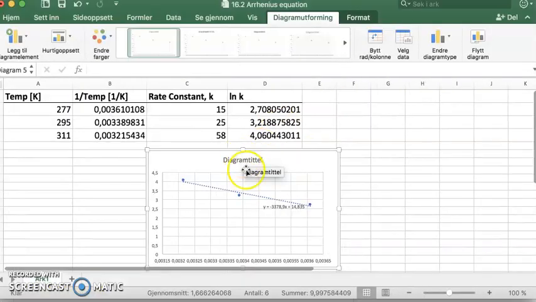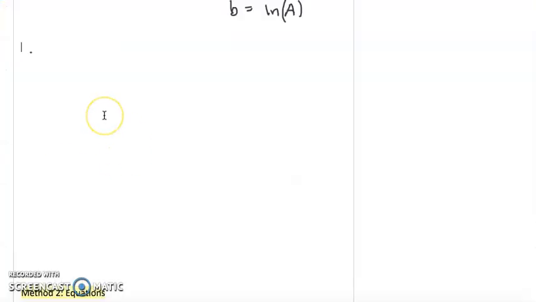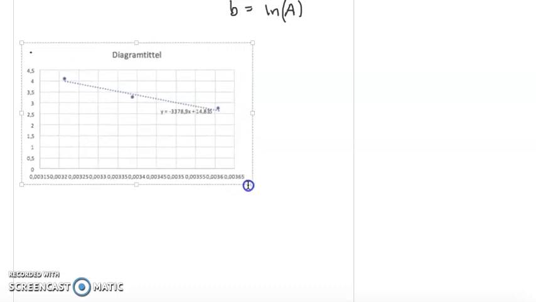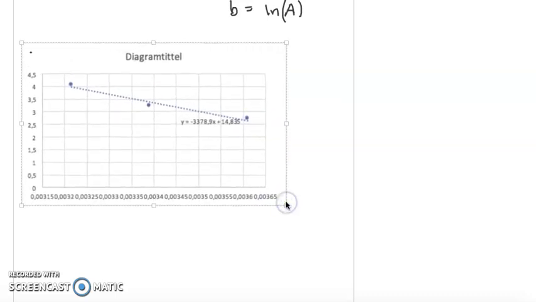Okay, it didn't want to join us. Let's see one more time. There we go. Okay, so now we have the graph.